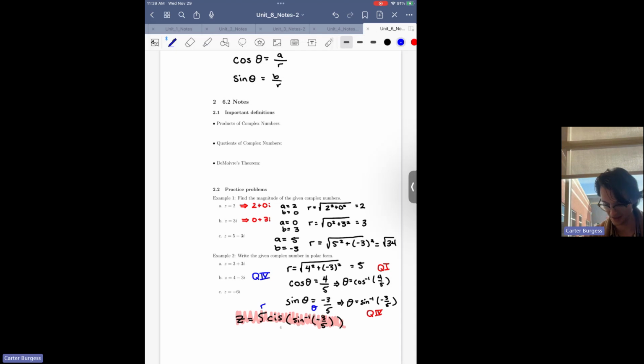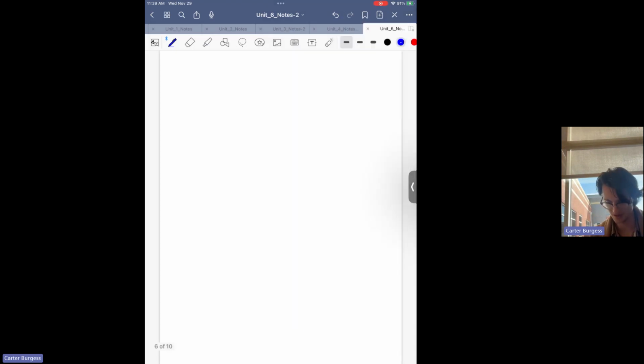All right, let's take a look here at what we've got. So for A, this was 3 plus 3i as our complex number. What is our value for r that we found? Square root of 18.